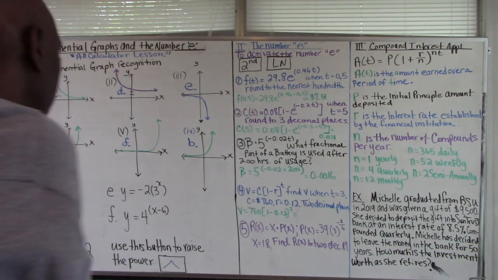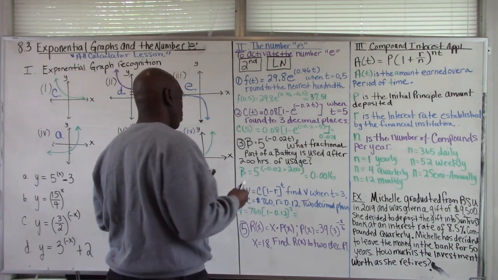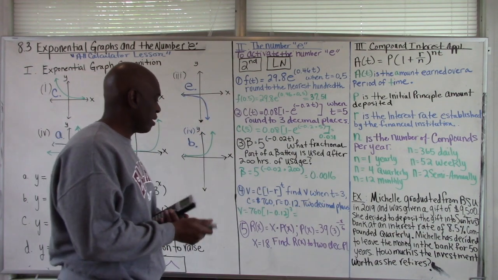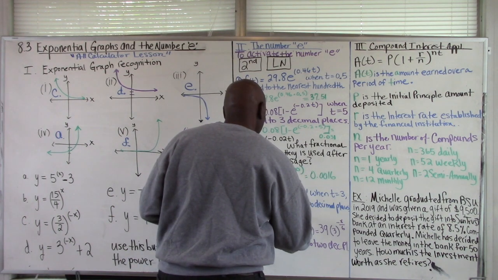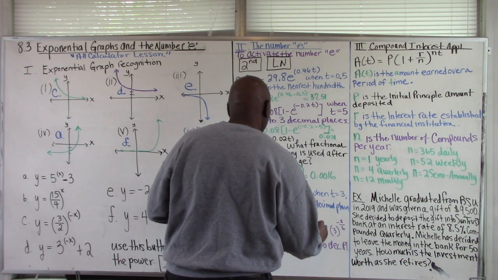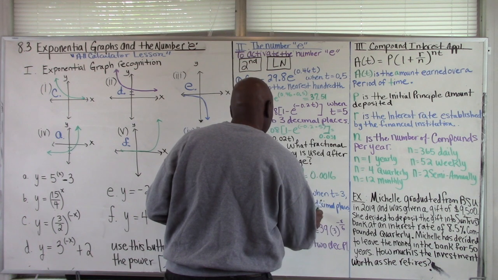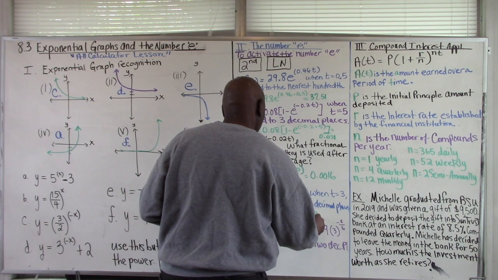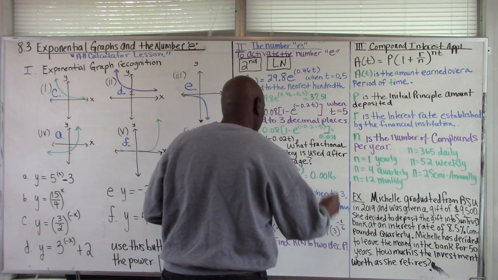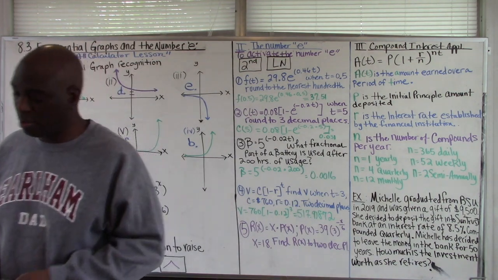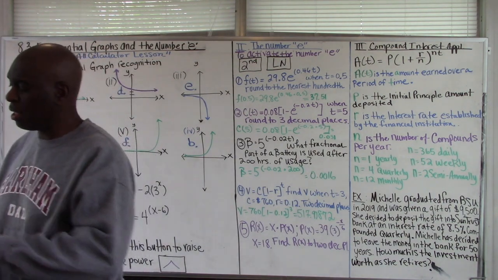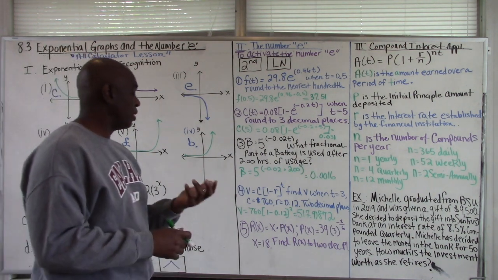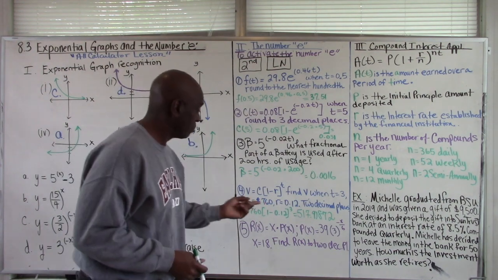All right. So, in this case, we're going to have 517.91872. However, we only want 2 decimal places.